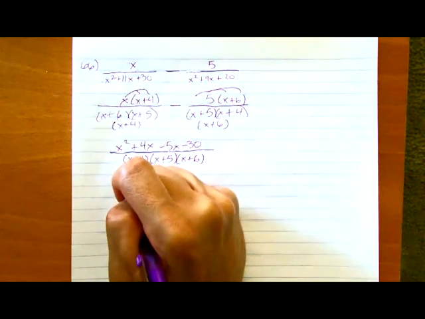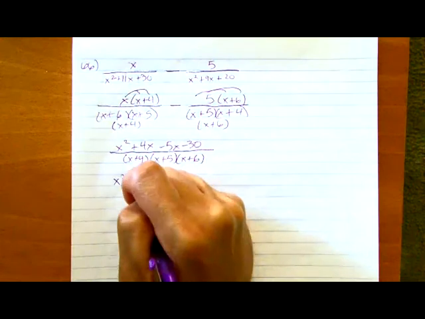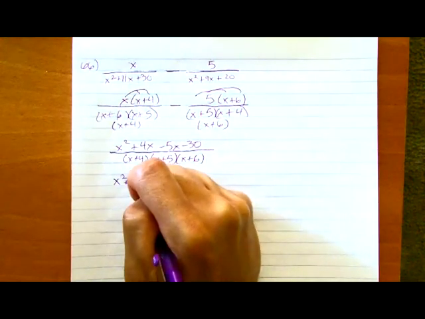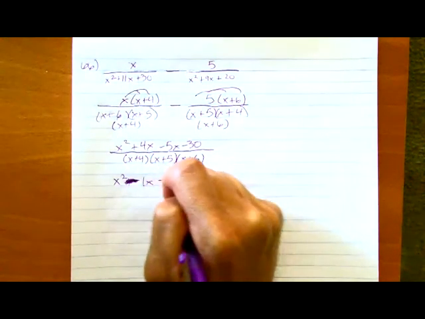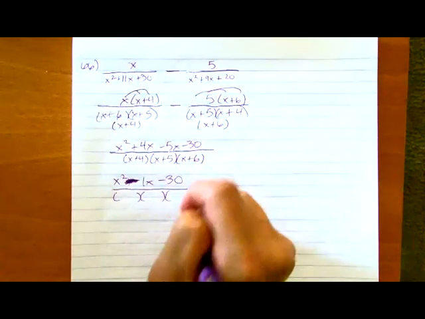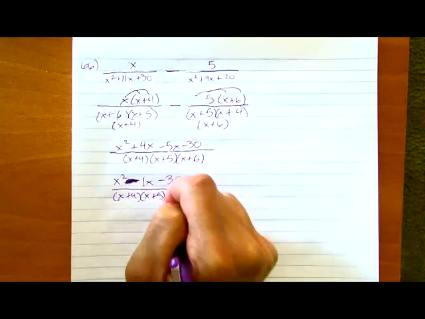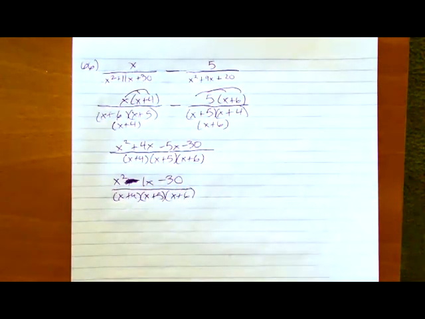Okay, let's combine the terms. Oh, not plus, minus. X squared minus 1x minus 30 over 3 sets of parentheses. So x plus 4, x plus 5, and x plus 6. Okay, can we factor the top?